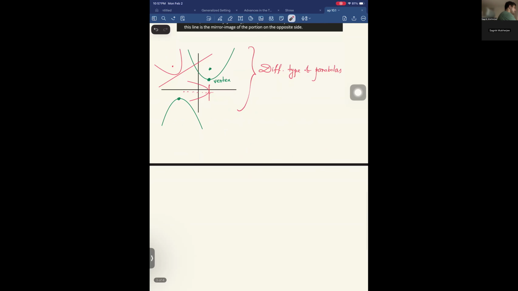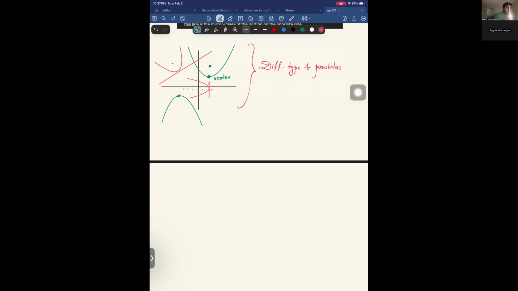Okay, so let's look at that. Equation of parabola. And the equation is from the textbook. Let me just copy it.